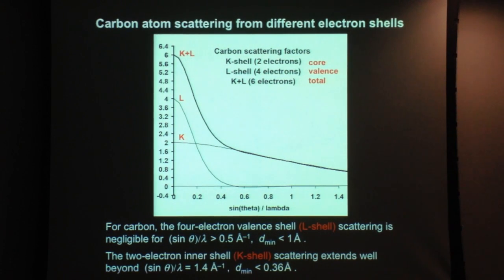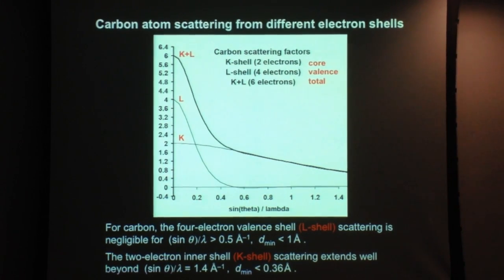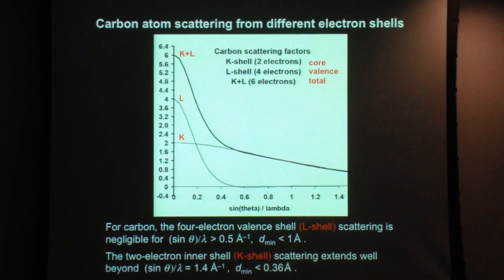And then we dissected the scattering. We said we could dissect the scattering factor curves according to the electron configuration of the atom. And in this case, we looked at a simple case, the scattering by the carbon atom. So its electron configuration is 1s2, 2s2, 2p2. So altogether 6 electrons.